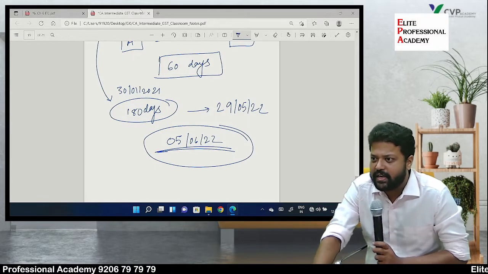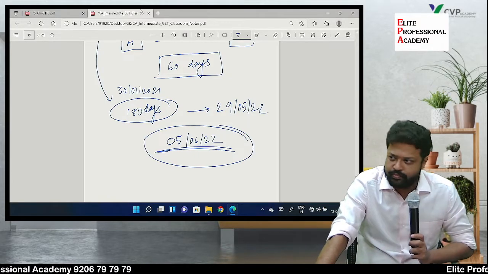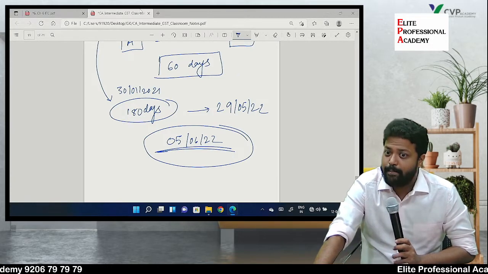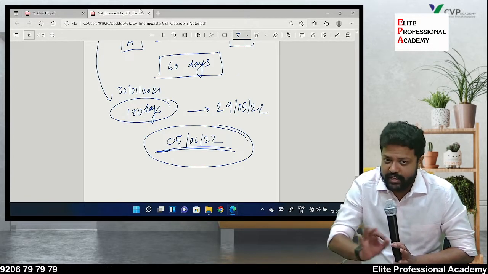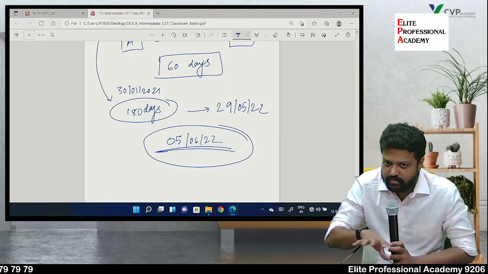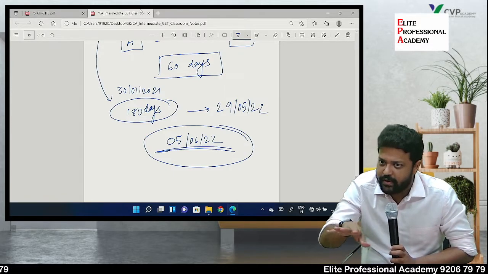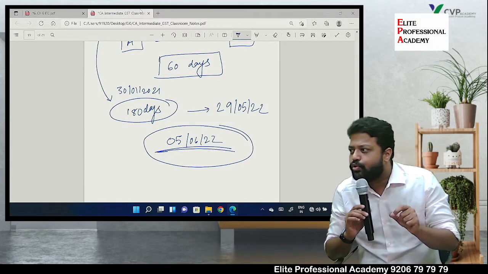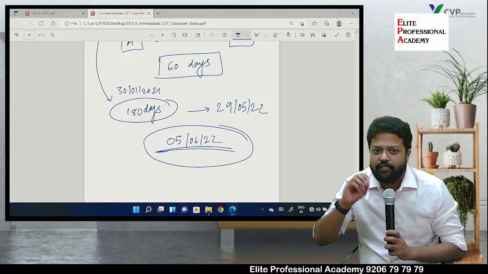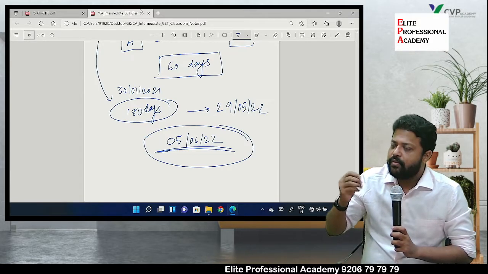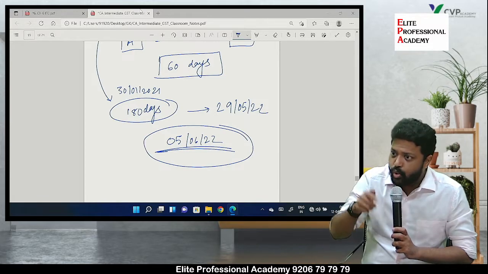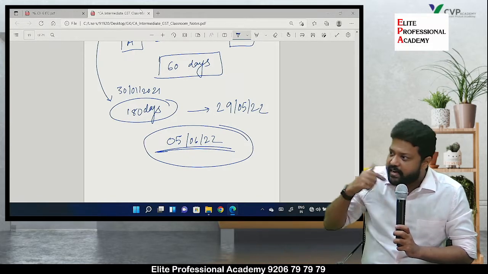Technically everything is correct. There is no loss to revenue, but authorities may say that if you read the law, because this is just the simple language notes which are given to you. If you read the Bare Act, okay, then the second proviso to section 16(2) is drafted in such a manner that it gives an interpretation that this credit is only eligible if it is reversed and re-availed.